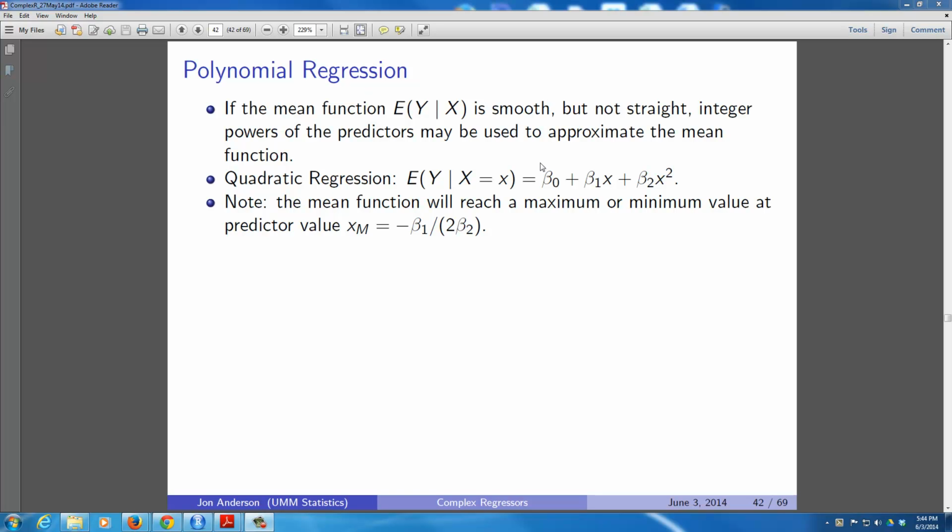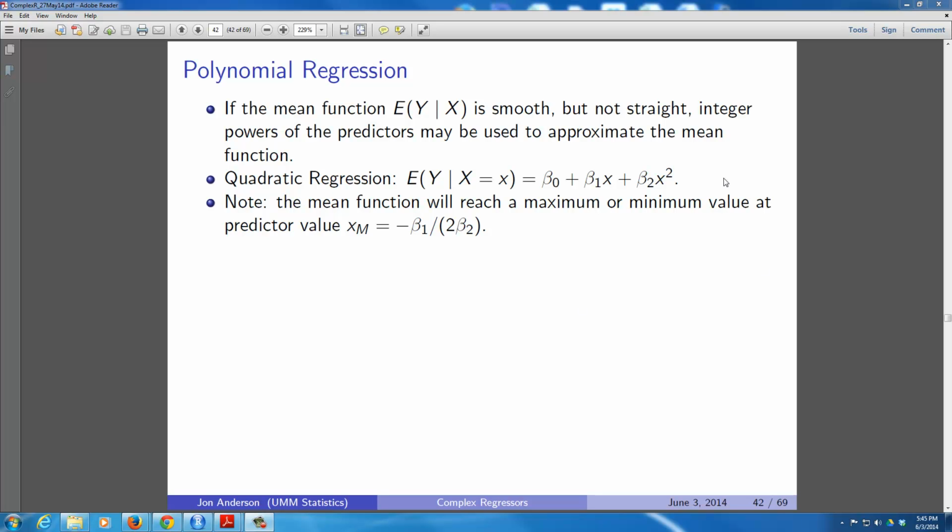Here's a really easy example, a degree 2 polynomial called a quadratic that would have just one bend or curve in it. You can build a mean function that has the predictor variable, regressor x to the first power, and add a new variable, the same regressor raised to the second power, and this enables you to model a curve.